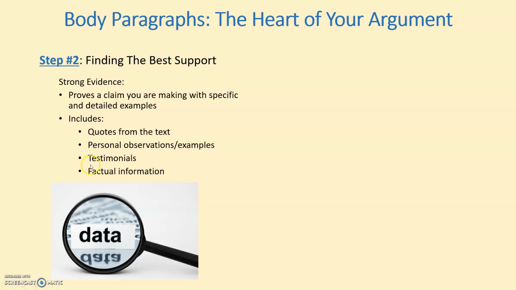And then finally, factual information. We do the research and we find the facts one way or another to prove our claim. It really depends on what claim we want to make and what rationales we would like to prove. That's the kind of factual information you ultimately want to find.